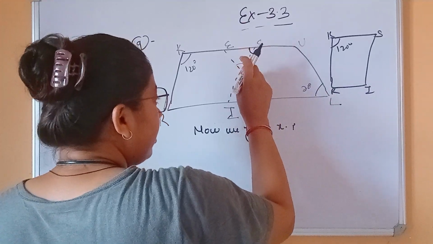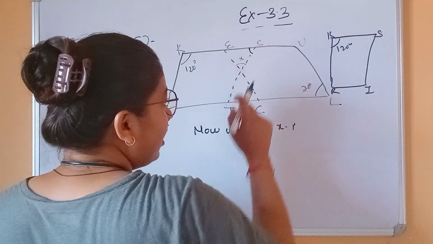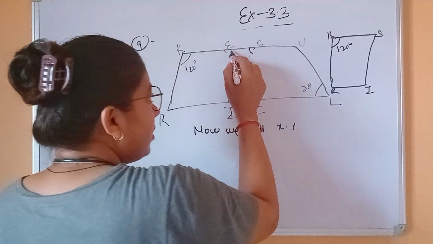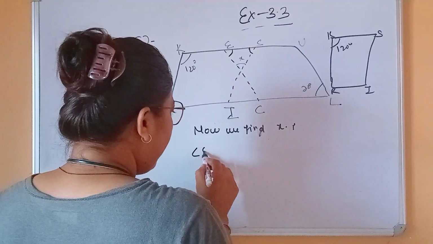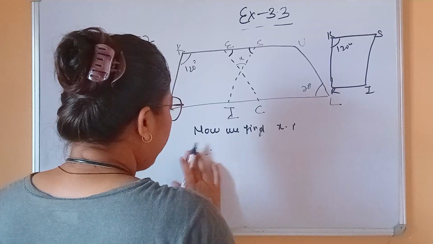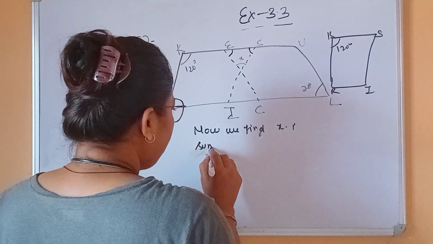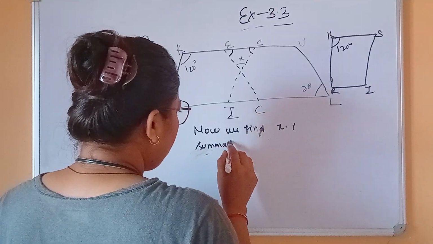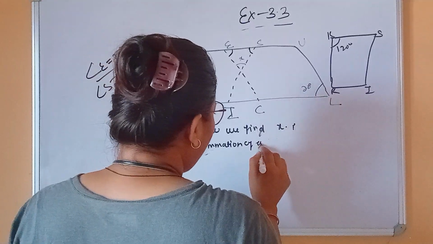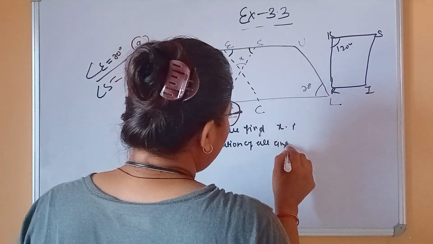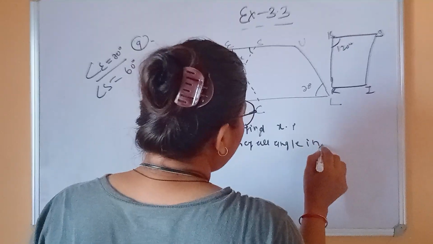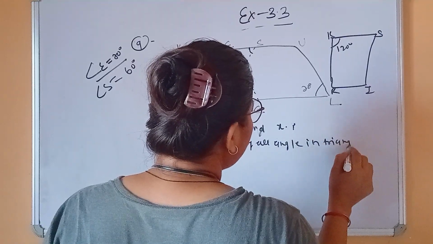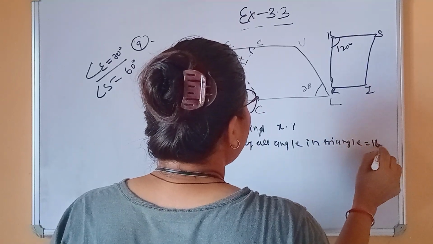In triangle, summation of all angle in triangle is 180 degree. Okay.